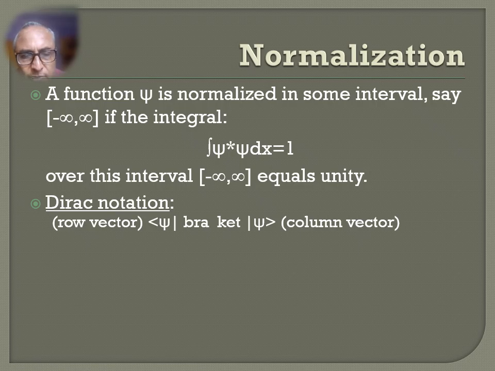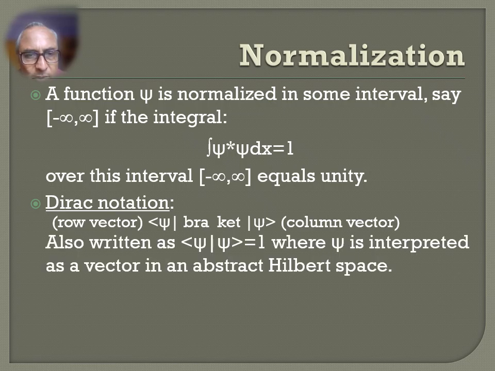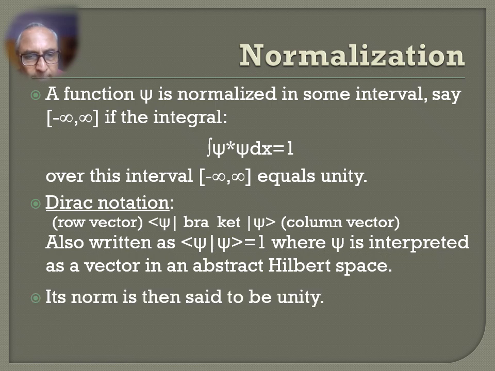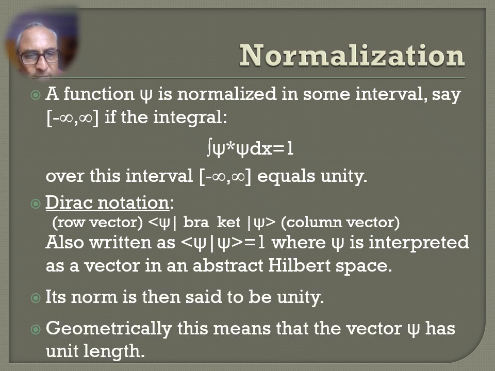The ket space and the bra space are both abstract Hilbert spaces. So in Dirac notation, we can write the normalization condition as bra psi ket is equal to 1, where psi is interpreted as a vector in an abstract Hilbert space. Its norm is then said to be unity, and geometrically this means that the vector psi has unit length.